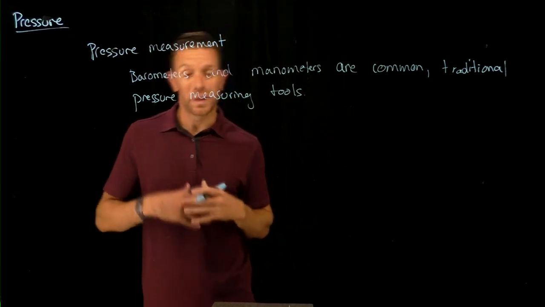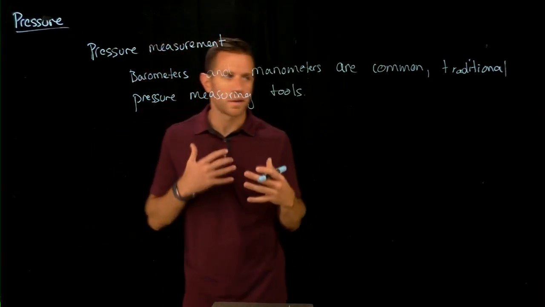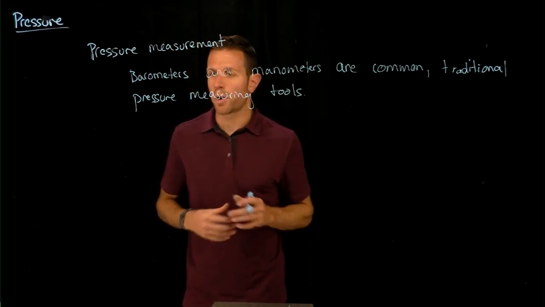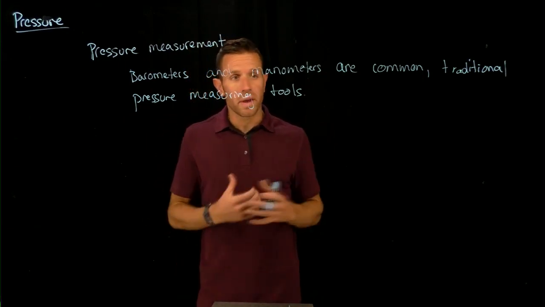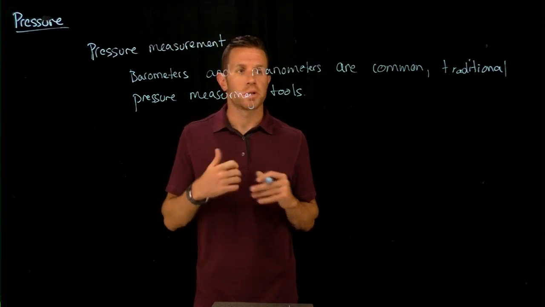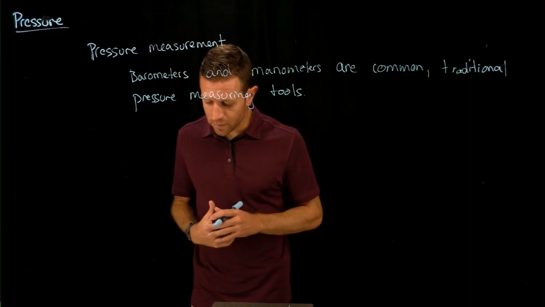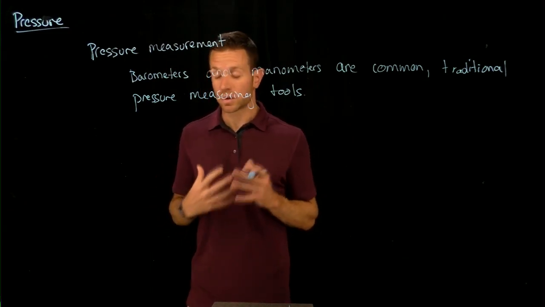I say traditional because nowadays we've got electronics that can measure pressure instantly and in very small packages. But before the advent of these particular pressure gauges, we had barometers and manometers. Let me give you an example of what each of those looks like.